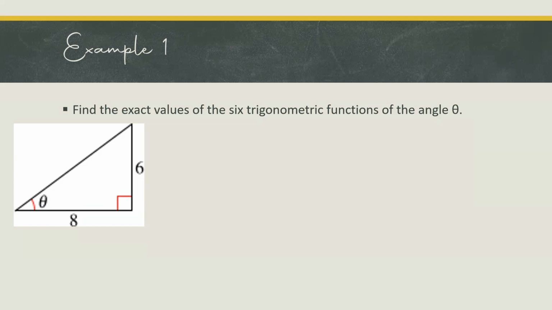Now I know that my trig functions involve all 3 sides of the triangle. So I do need to figure out what's the length of this other side. So the missing side is the one opposite the right angle. It's the longest side, so that's our hypotenuse. If you remember from geometry that with a right triangle, we can use the Pythagorean theorem to find a missing side.